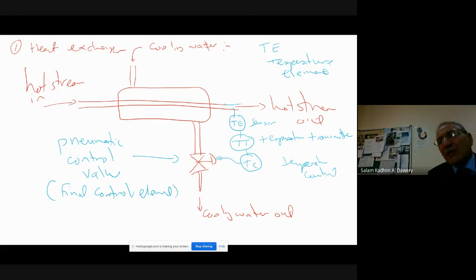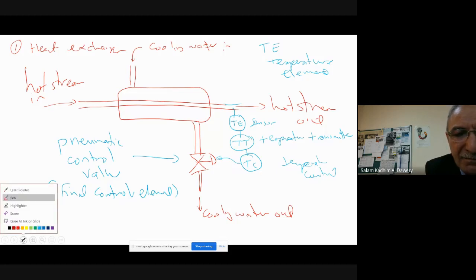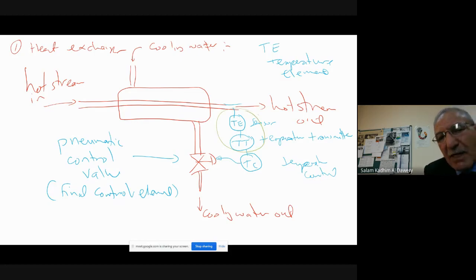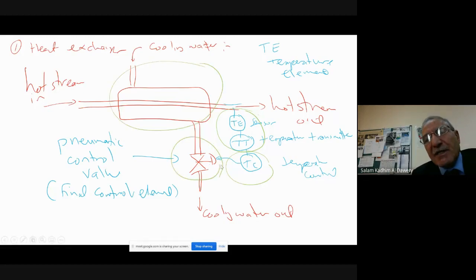Sometimes in heating they use an electrical coil, that's why they call it the final control element. Now, as you can see from this process, we have a temperature sensor, the measurement. We have a controller, we have a process, we have a valve.